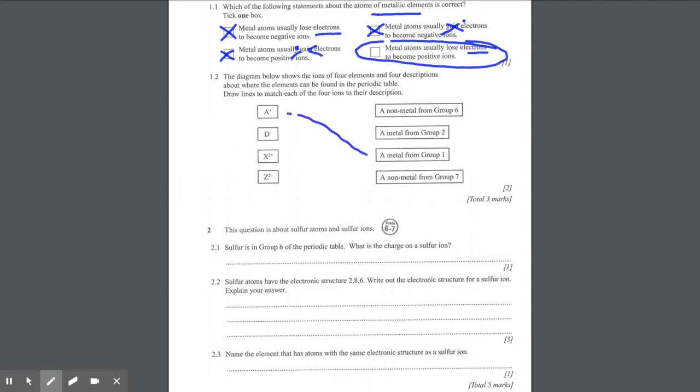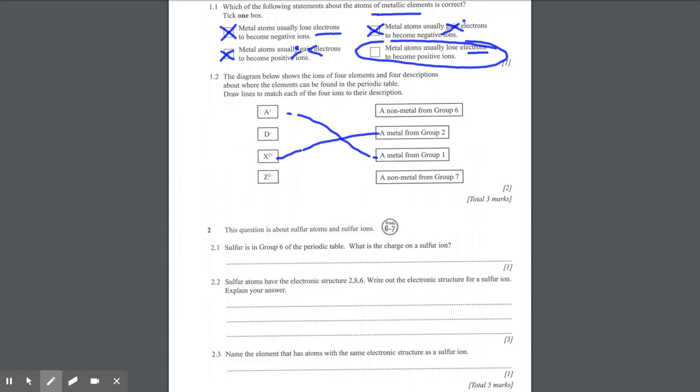So that's going to be a metal from group 1. Likewise, the 2 plus ion is going to be a metal from group 2 because it's managed to lose its 2 outer electrons. Remember the group number relating to the number of electrons which is in the outer shell.